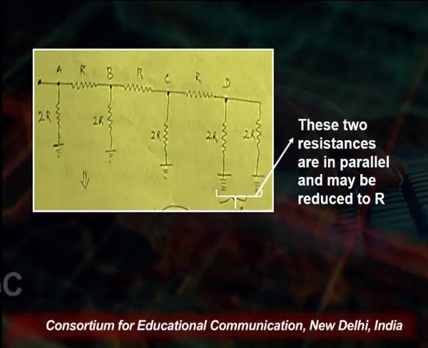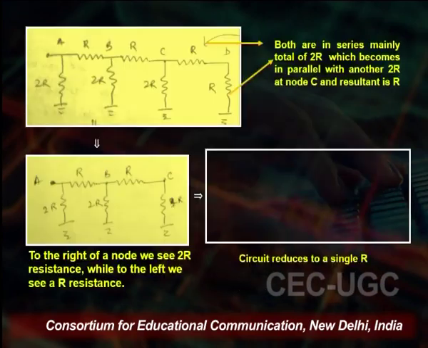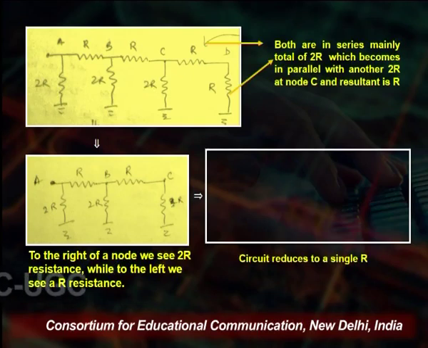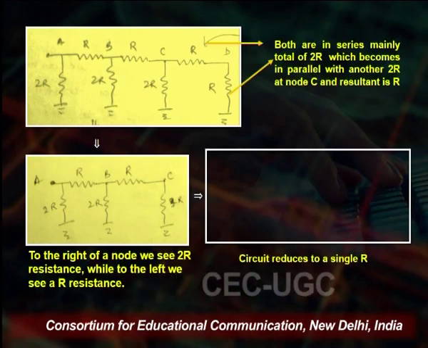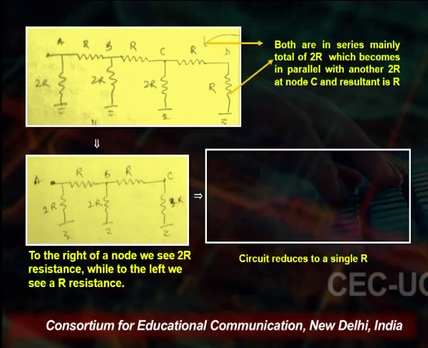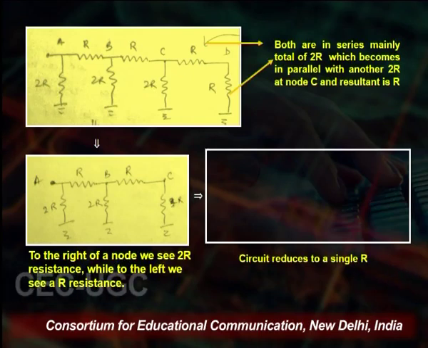What really happens is that when we have this ladder network, the final R and the branch will see this R and this R while looking into the circuit, just like in Thevenin's theorem.